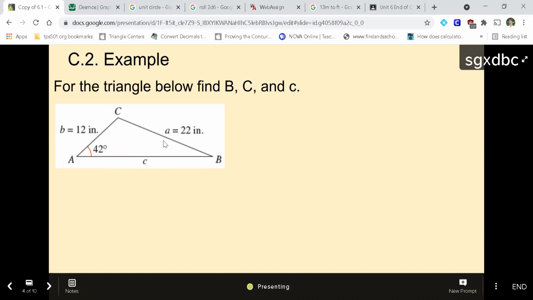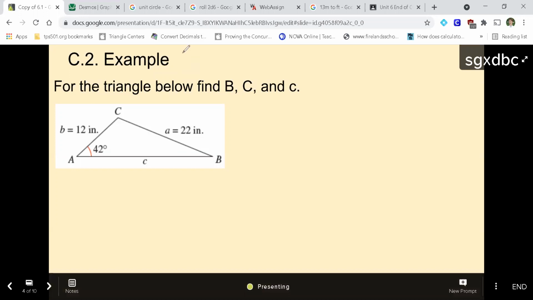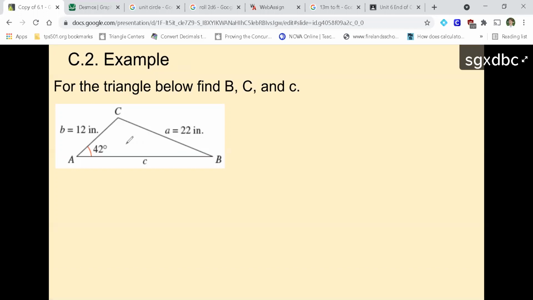To solve the ambiguous case, what you're going to do is we can't start by solving for our angles, right? B and C are both missing. So I can't do the little trick where they add up to 180. So instead, we start with the law of sines because I am given a pair. I'm going to use the alternative formula that's in your trig cheat sheet.